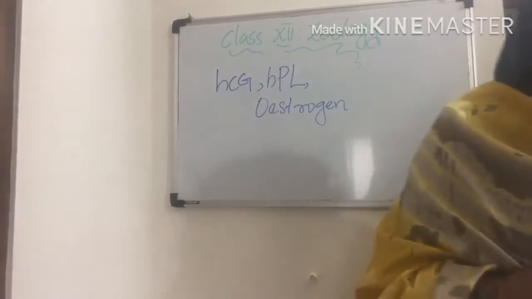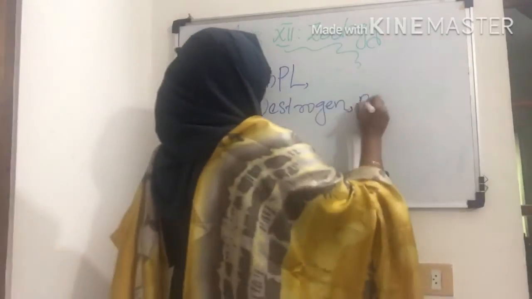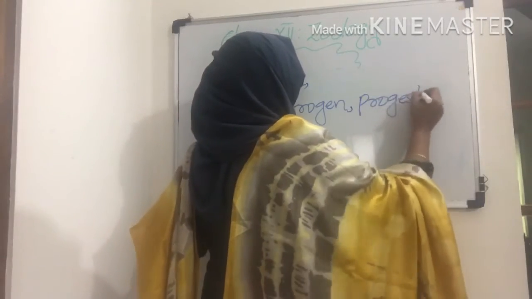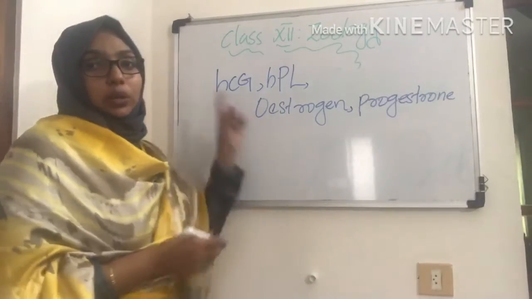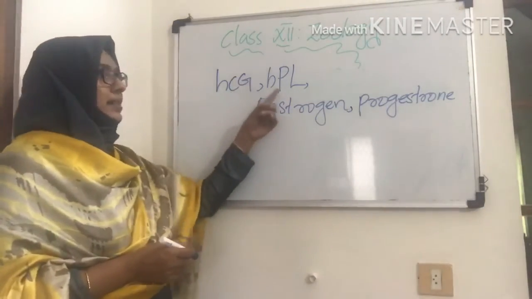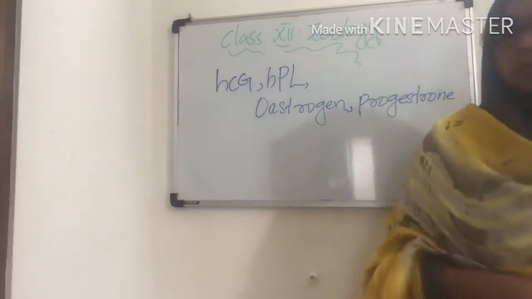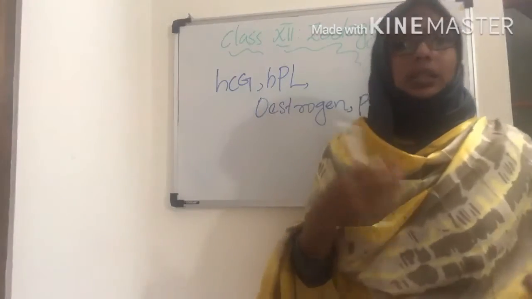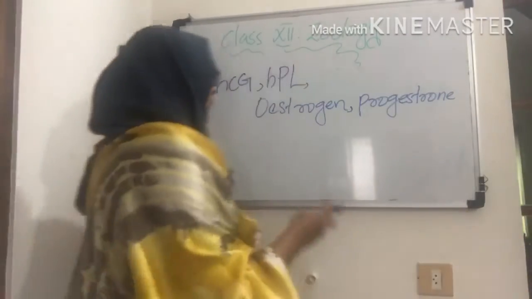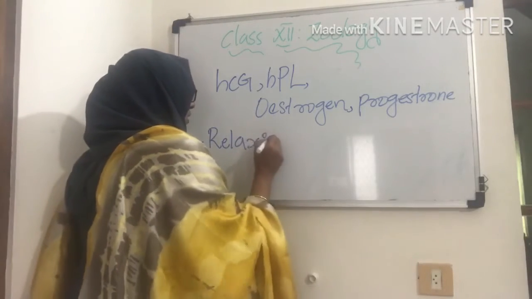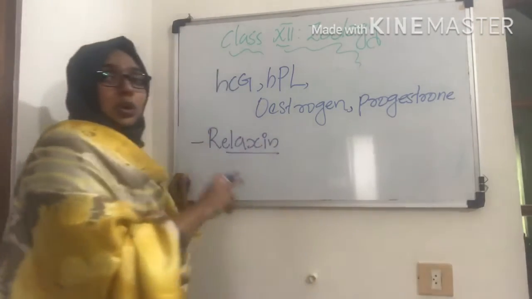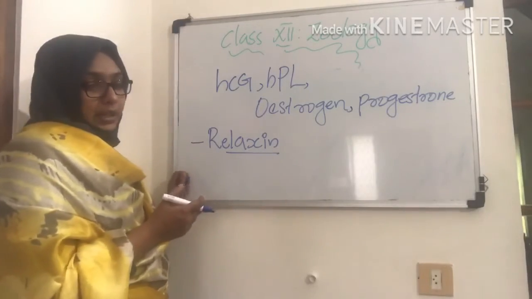So placenta produces these hormones: human chorionic gonadotropin, human placental lactogen, and estrogen and what? Progesterone. In the later phase of pregnancy, the ovary produces another hormone known as relaxin. So this is produced only in the later stage of pregnancy.